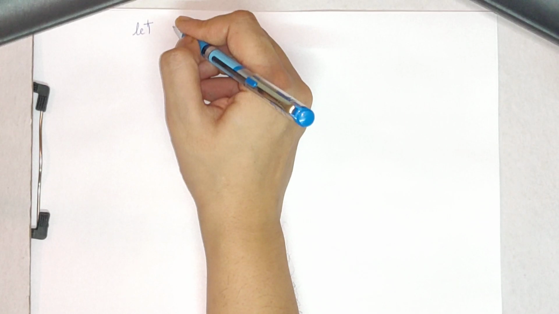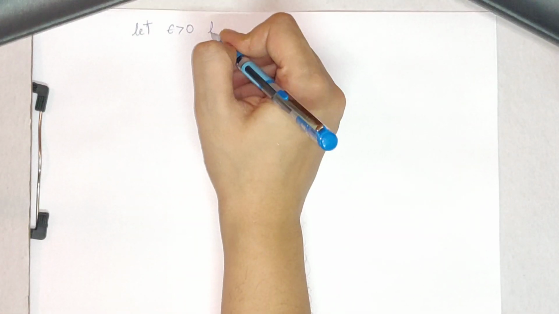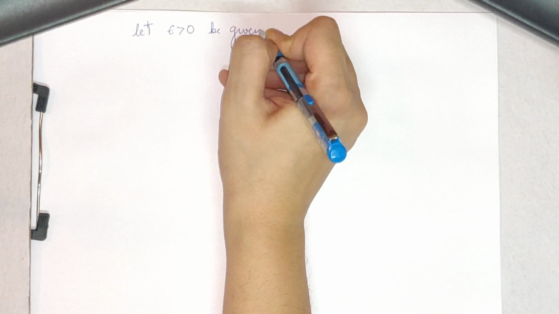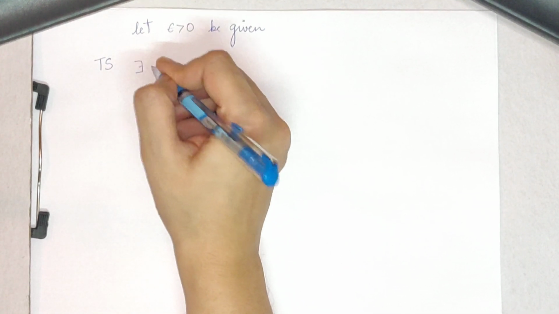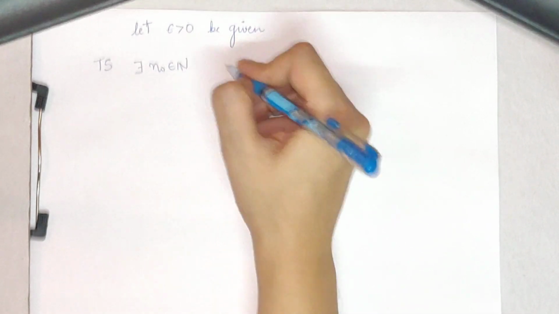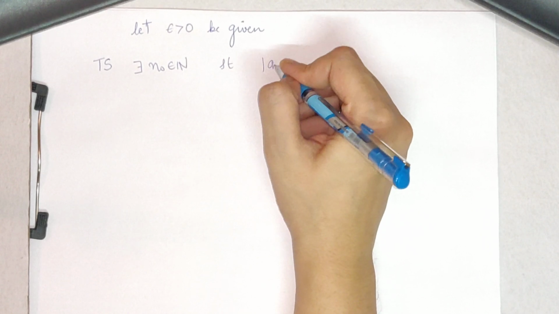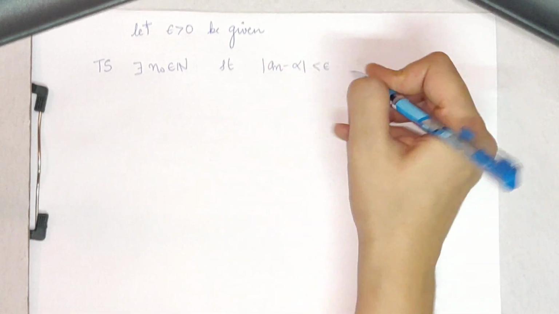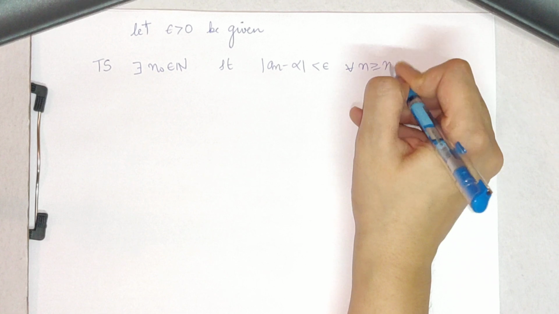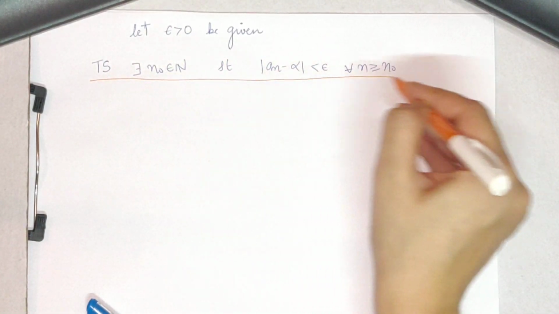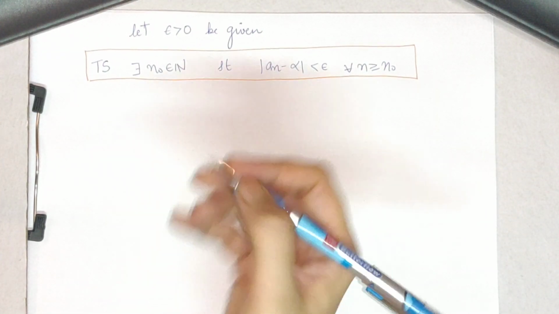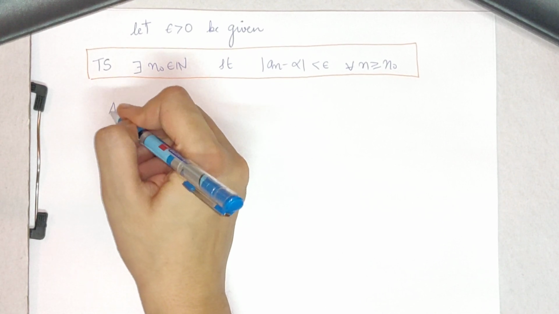Now let us start with any arbitrary epsilon. What do we have to show? Now our task is to show the existence of n0, which will give us mod of an minus alpha less than epsilon for all n greater than or equal to n0. Now our aim is to show this. Now what was alpha?